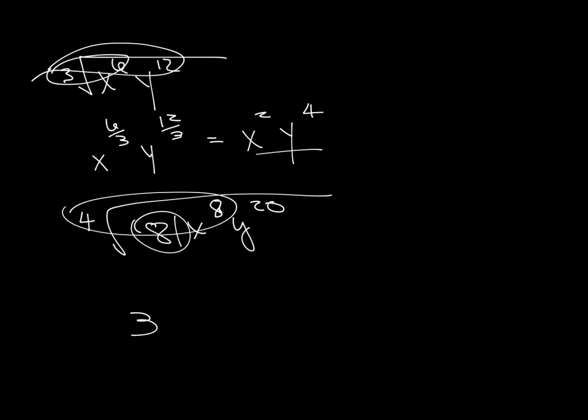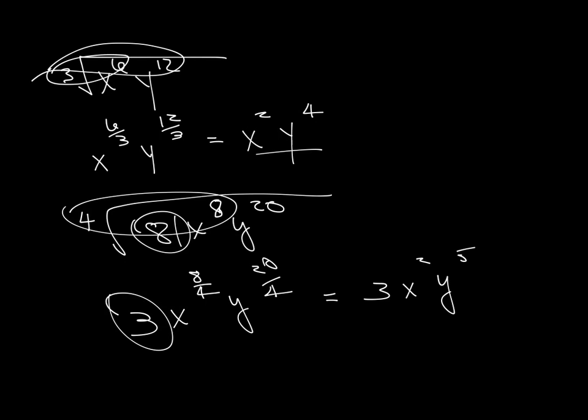And then we divide. x to the 8 over 4, y to the 20 over 4, and that equals 3x squared y to the 5th. And we're done. So you don't do anything to the number except take the 4th root of it, and then that will follow along. The ones with the variables are the ones you work on.